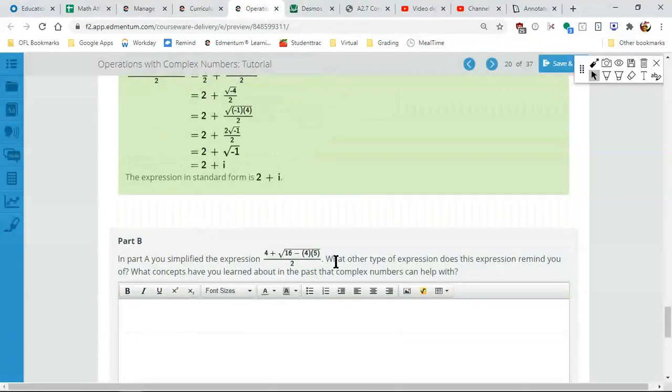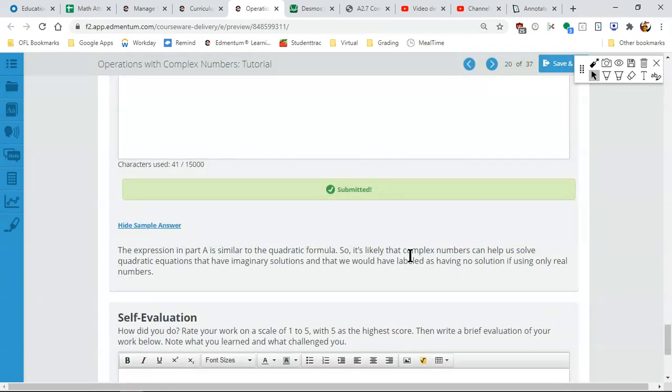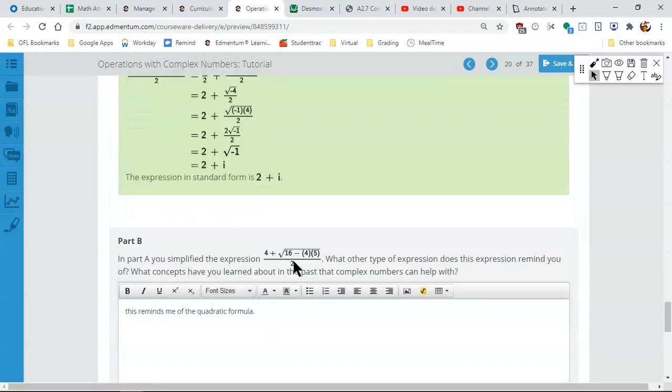In part, simplified expression, what type of other expression does this remind you of? So this reminds me of the quadratic formula. That's what this reminds me of. And I'll probably mention it here too. The expression is similar to the quadratic formula. So whenever we get this inside part negative, this part right here, I don't know if you guys want to write this down, I recommend it.